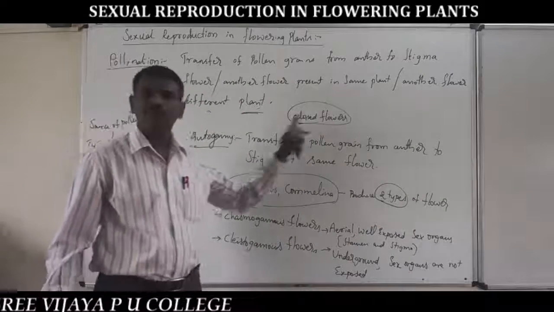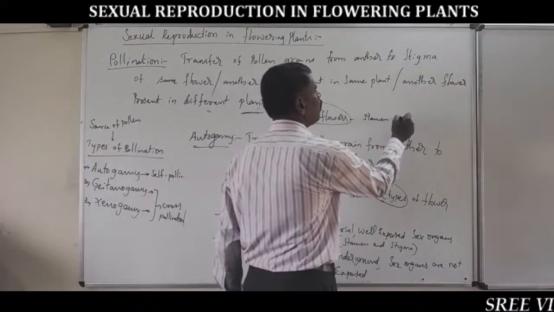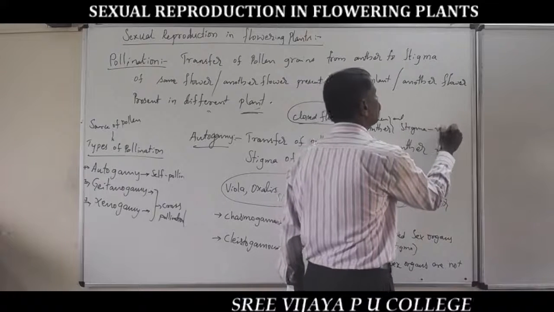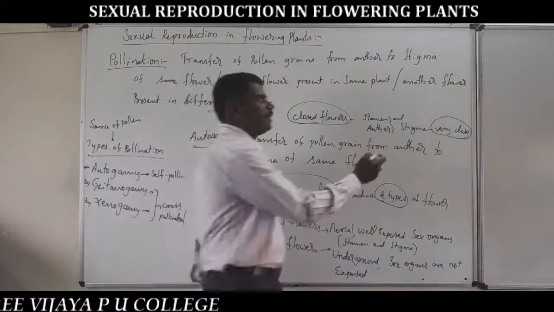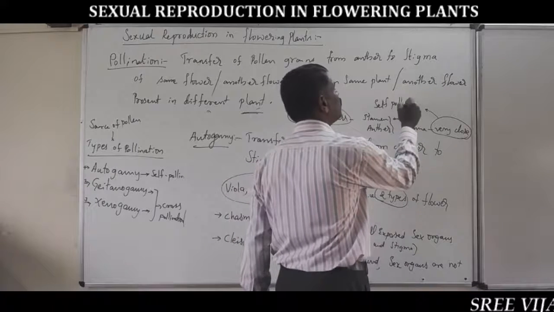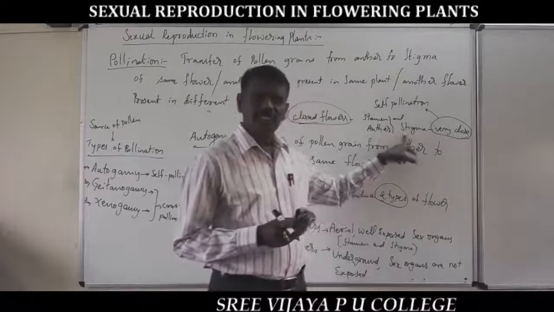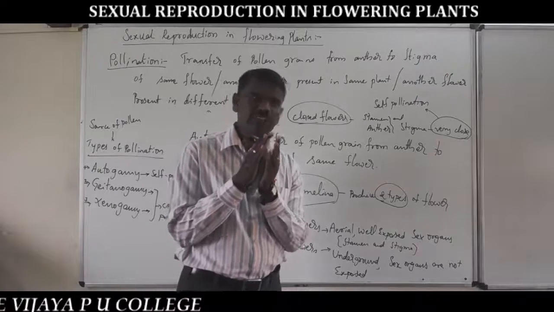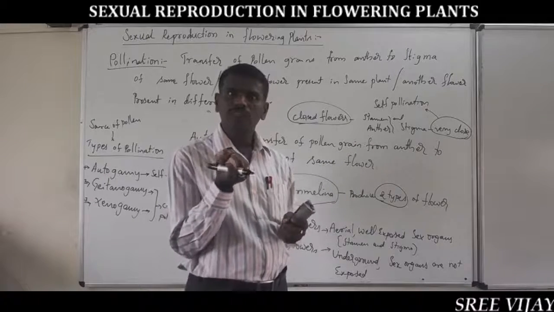Clistogamous flowers are closed flowers, but in them the anther and stigma are always very close, near to each other, which provides self-pollination. While the anther and stigma are in near contact, the pollen is easily released. Sometimes in those clistogamous flowers, the pollen grains germinate within the anther sac.